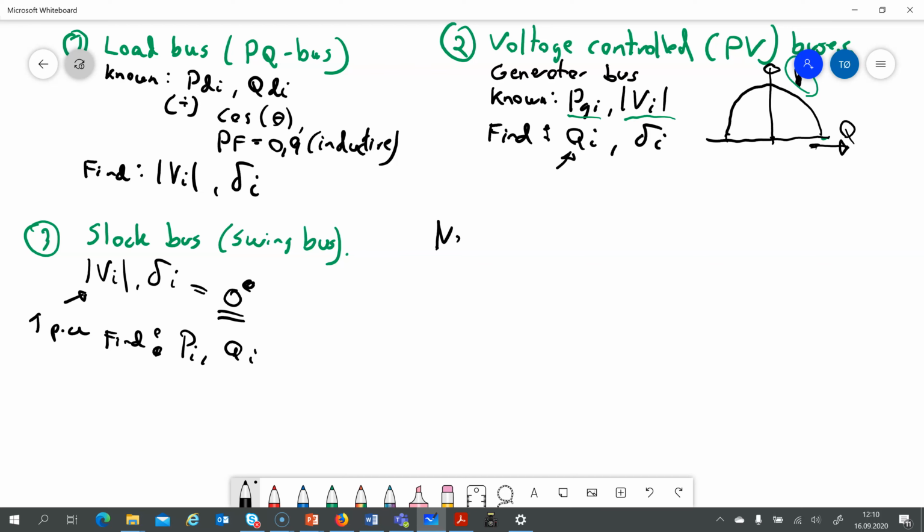You should also note that the voltage angle and voltage level are called the state variables, or dependent variables.